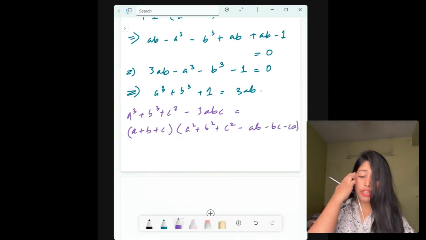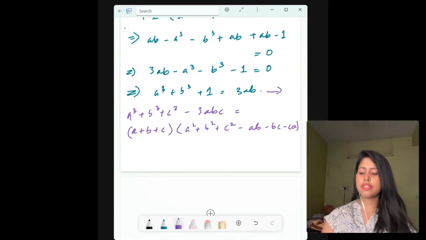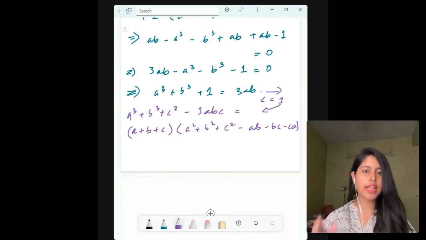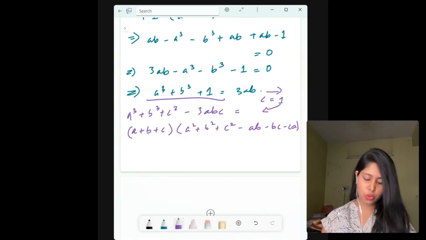Now from here, can you understand something? In this equation, c is equal to 1, and if you put c equals 1 in this algebraic identity, you will simply get this equation, right? So let us do that.